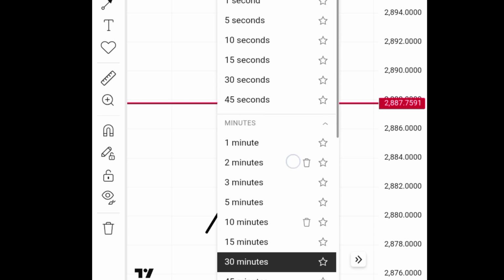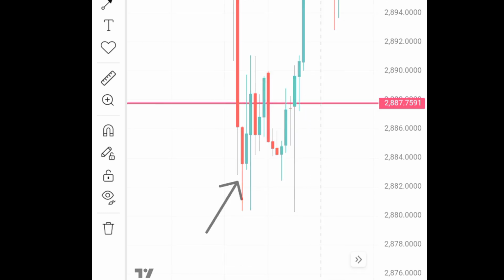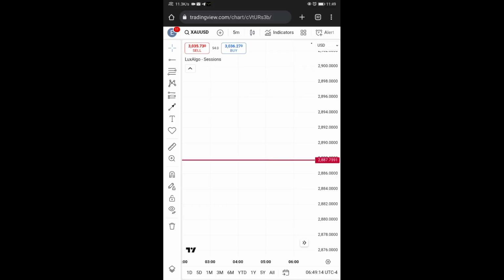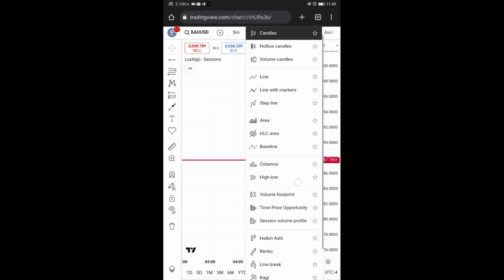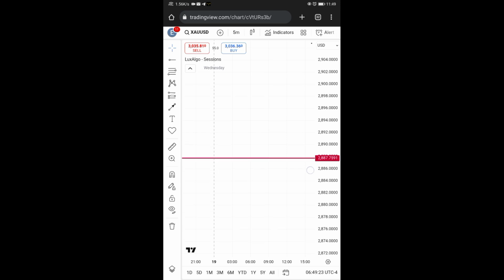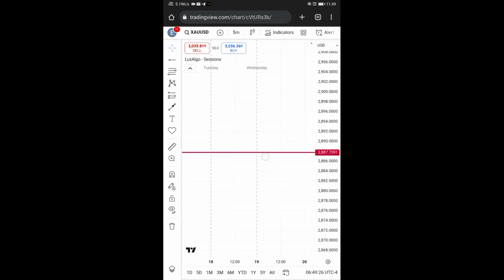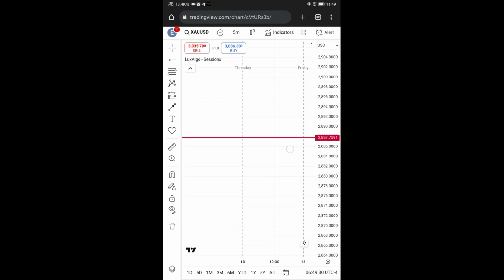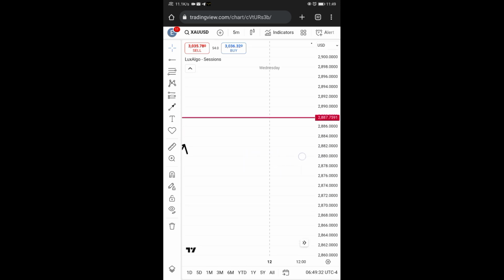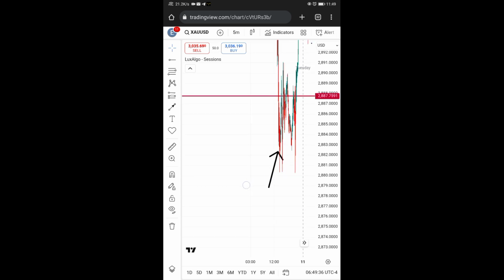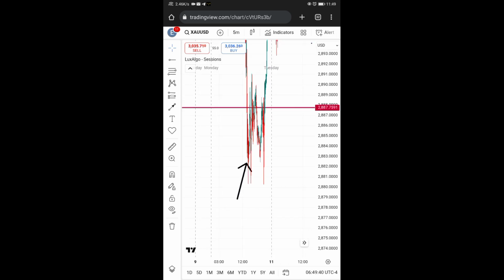So let's move to 5 minutes. Then turn your chart to Heikin Ashi candle. Normally, you're supposed to use 3 minutes to trade this strategy, but let's use 5. We are using this because I'm not using the paid version of TradingView.